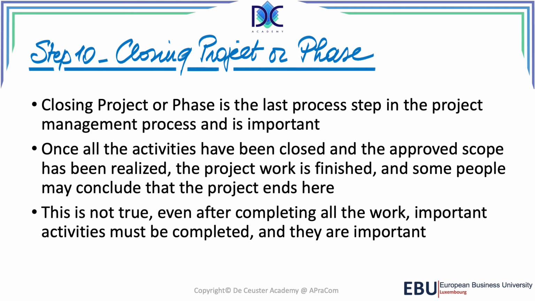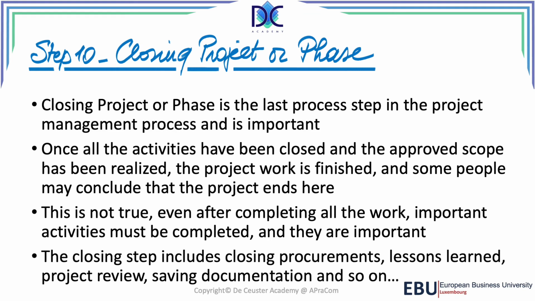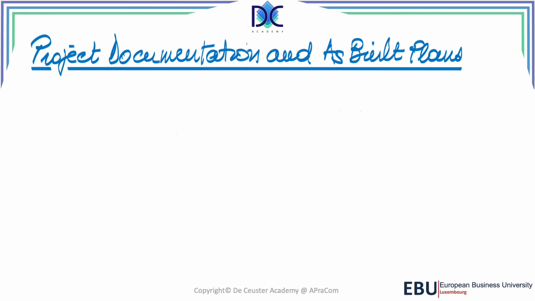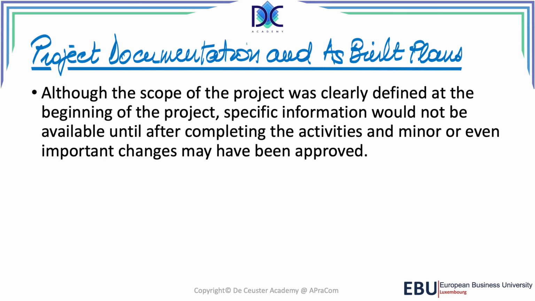Basically, it's not true because we still have to do some important work. In the closing step, we look at closing procurements, lessons learned, project review, saving documentations, and so on. But let's have a look at that in the following slides with a little bit more detail for these different steps. We look at the project documentation and the as-built plans.